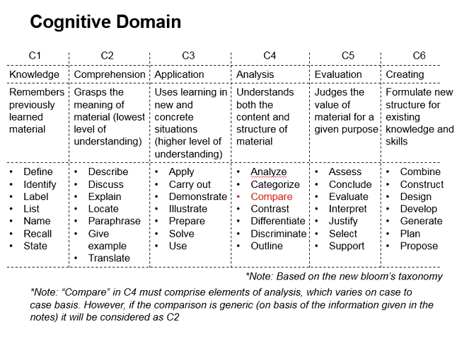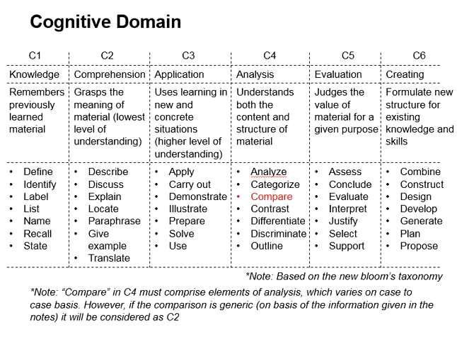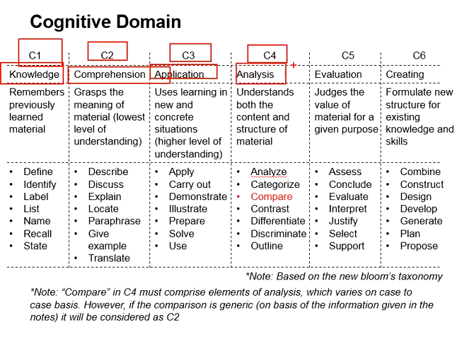To help us distinguish those levels under different domains, we use C1 to C6 to represent the 6 levels under the cognitive domain. C1 is about knowledge, C2 comprehension, C3 application, C4 analysis, C5 evaluation, and C6 creating.